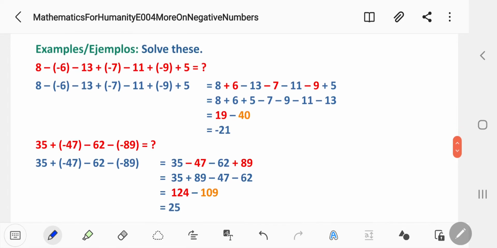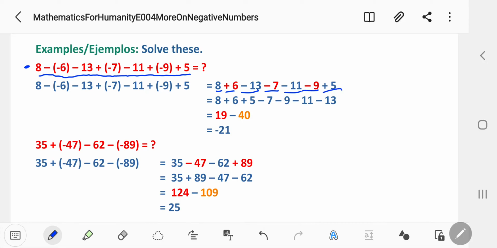solving some examples. Here you have 8 minus negative 6 minus 13 plus negative 7 minus 11 plus negative 9 plus 5. You can simplify that into 8 plus 6 minus 13 minus 7 minus 11 minus 9 plus 5.